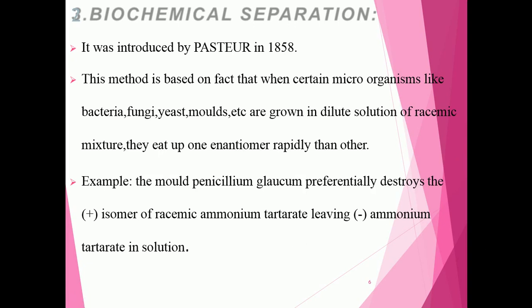This method is based on the fact that when certain microorganisms like bacteria, fungi, yeast, and mold are grown in a dilute solution of a racemic mixture, they eat up only one enantiomer, not both. For example, the mold Penicillium glaucum preferentially destroys only the dextro isomer of racemic ammonium tartrate, leaving levo ammonium tartrate in the solution. That is how, if we want only levo, we can easily separate it out.